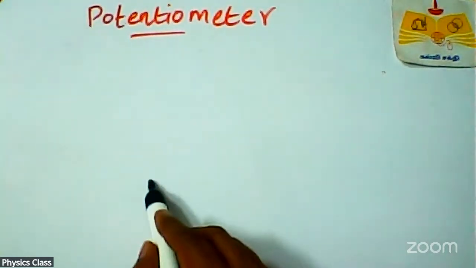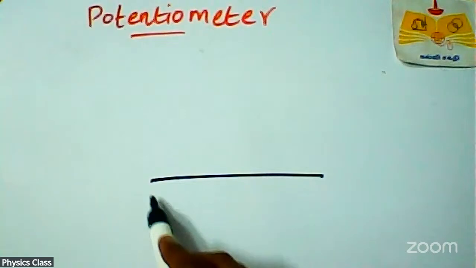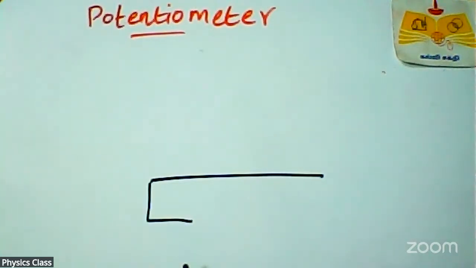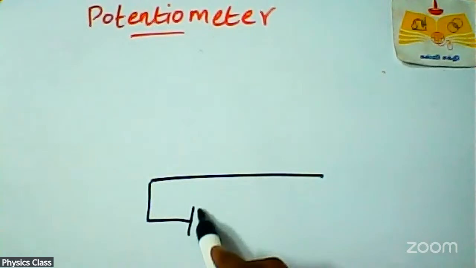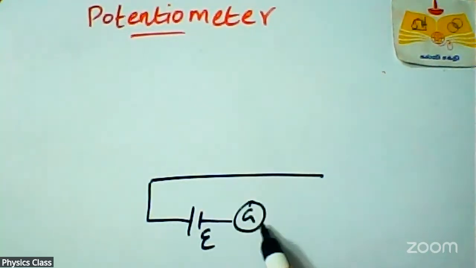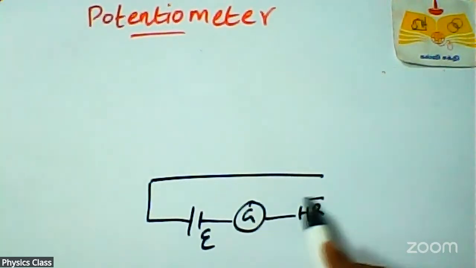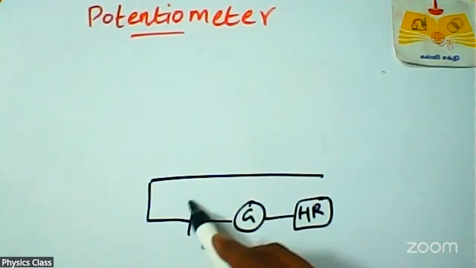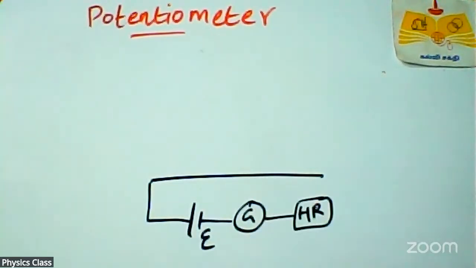There is a battery, so the battery has an EMF. Then the galvanometer, which is denoted as G, and a high resistance, because the jockey is a very sensitive device, so it should not draw a huge amount of current.